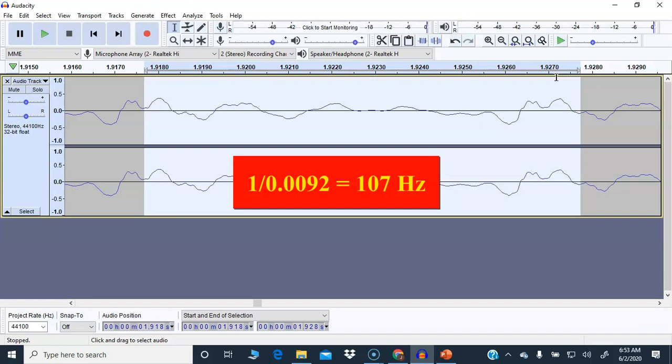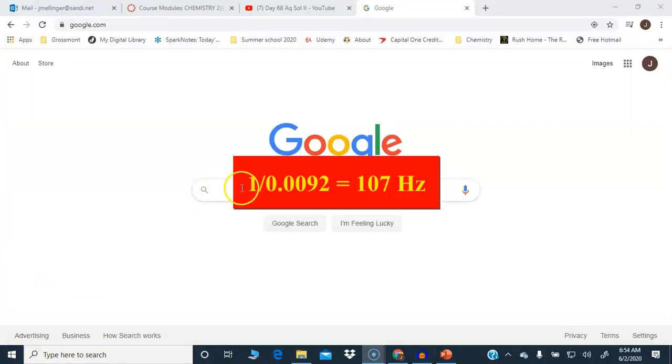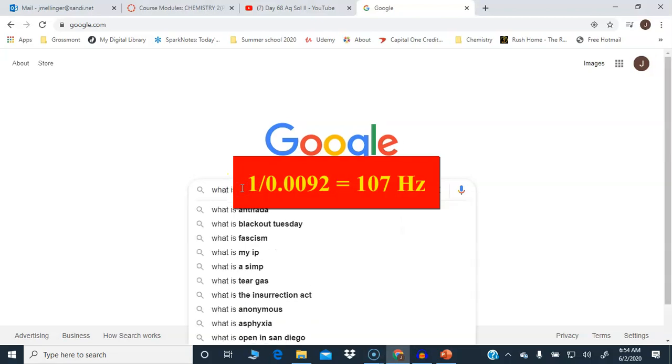Now let's see if that's a reasonable number, if that's within the reasonable range of a human voice. So what I'm going to do is stop and go back to Google. Okay, and in Google I'm going to type in the question, what is the frequency of a human voice?